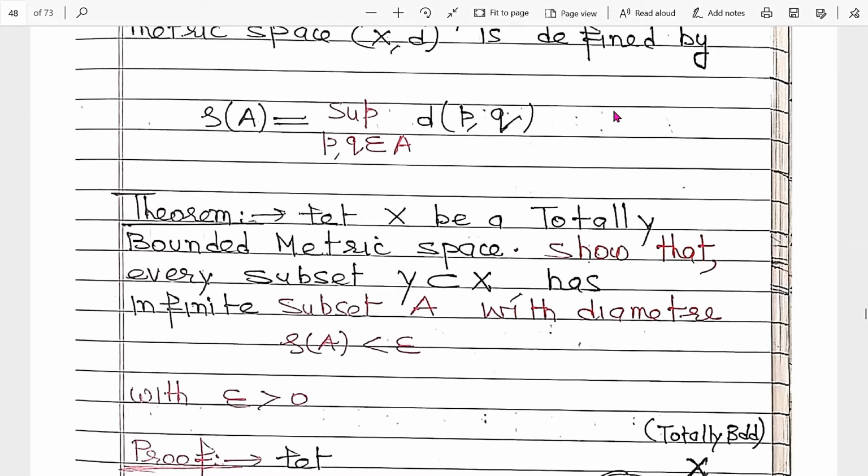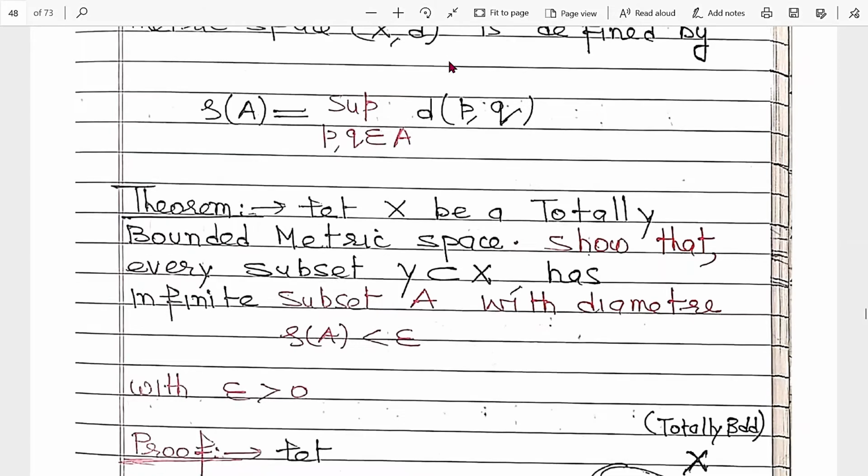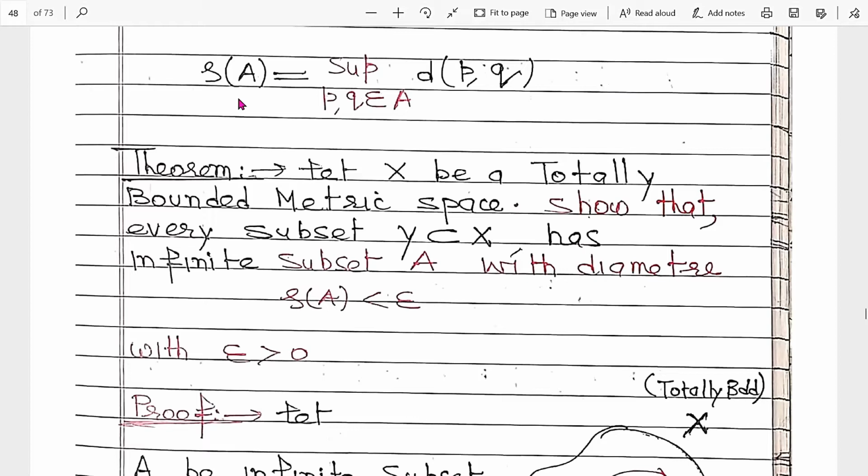If we have a non-empty set A in a metric space (X, d), then delta of A, denoted as the diameter of set A, is the supremum of the numbers d(p, q), the distances between any two points in A. So the diameter is the supremum over p, q belonging to A of the distance between p and q. This is called the diameter of the set.